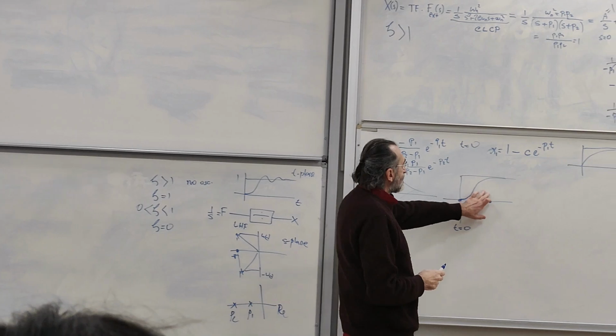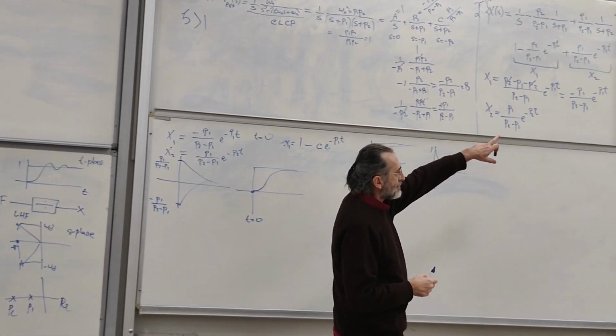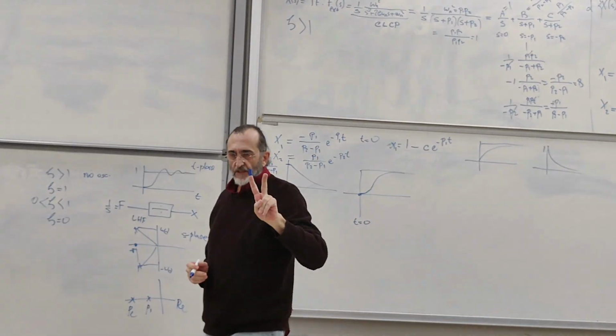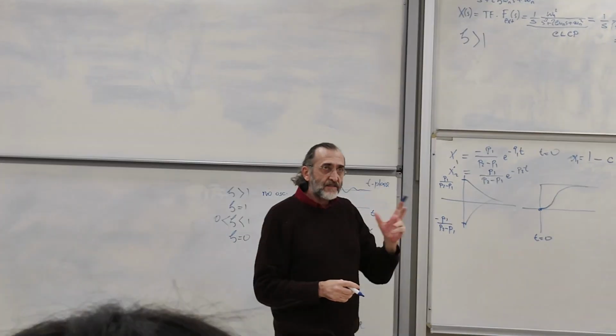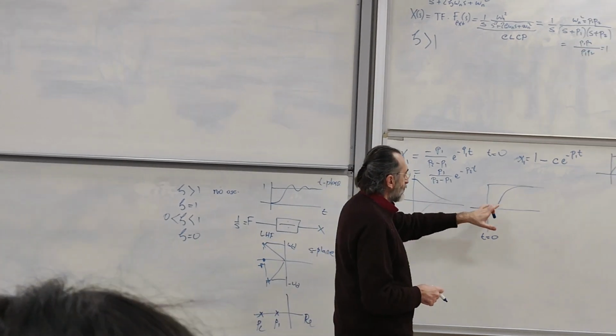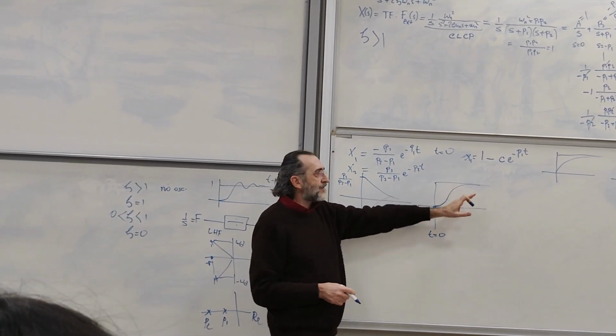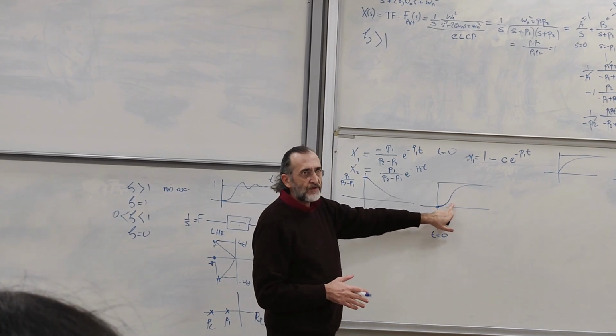So since it has 2 exponentials in it, it is actually a second order system, which masquerades as a first order system, no oscillations, but it has an inflection point here.